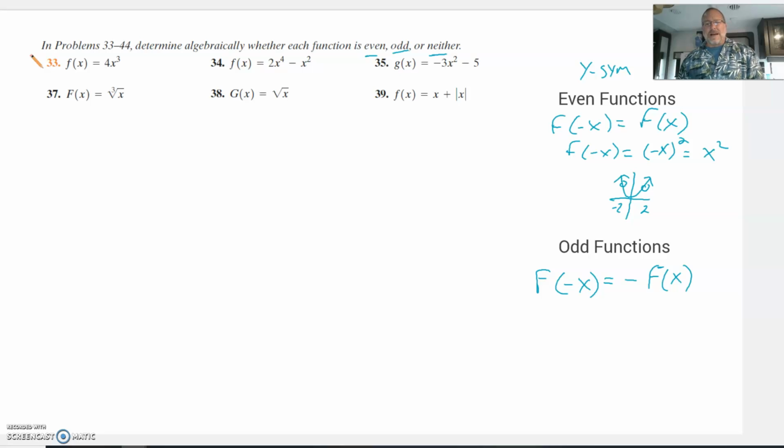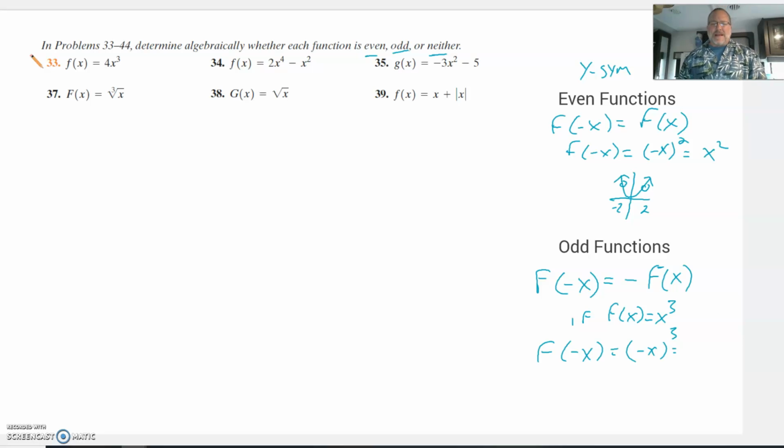So if f of x is x cubed, and I want to test whether it's an odd function, then I'm going to plug in a negative x into it. The instruction is to cube whatever the input is. The input's negative x, so I throw it in.